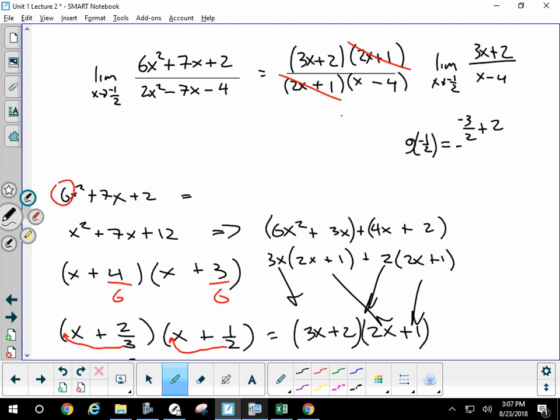We do have to work with fractions often in this class, so make sure you are comfortable adding and subtracting fractions and whole numbers and stuff together.